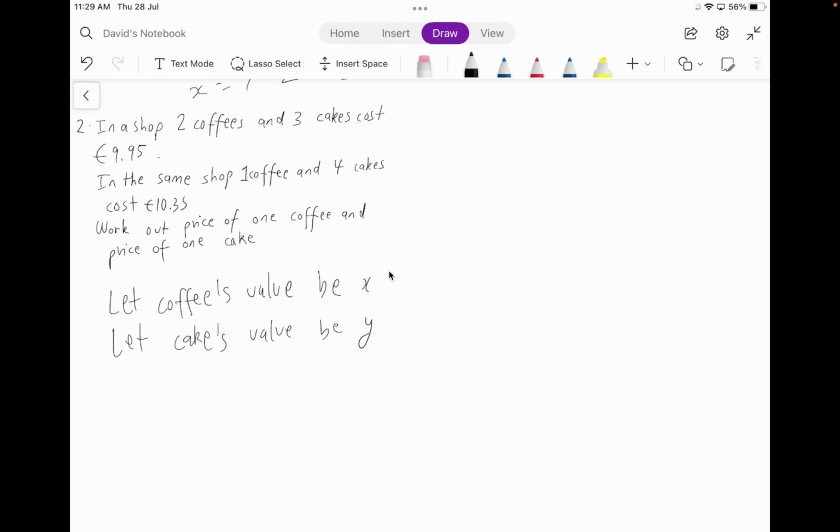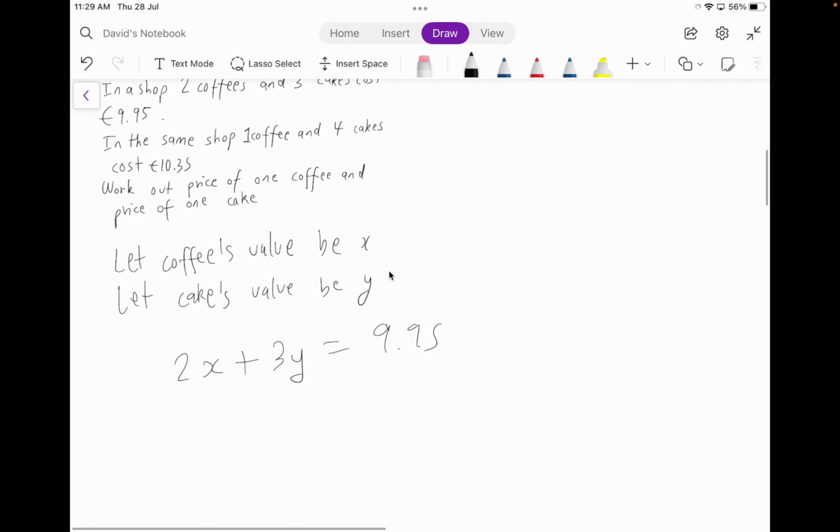So we're stating 2 variables, and since in a shop there are 2 coffees, you say 2x, and there are 3 cakes, so plus 3y is equal to pounds 9.95. Then in the same shop you have 1 coffee, so that's just x itself, and 4 cakes, so that's a positive 4y, is equal to 10.35 pounds.